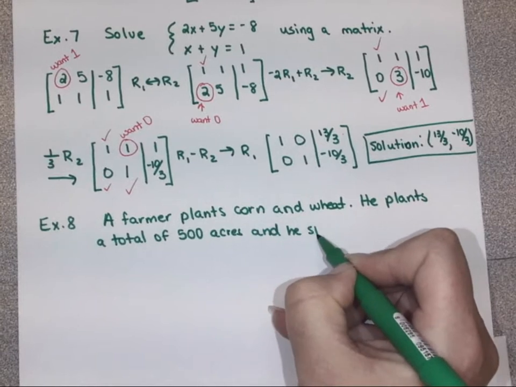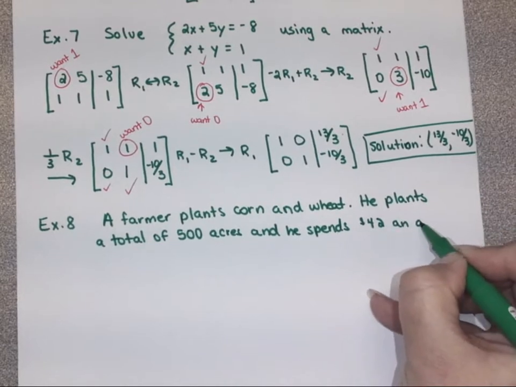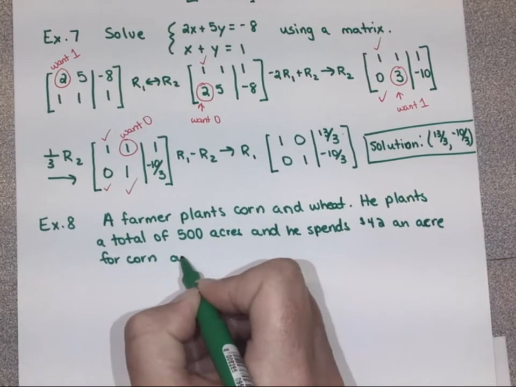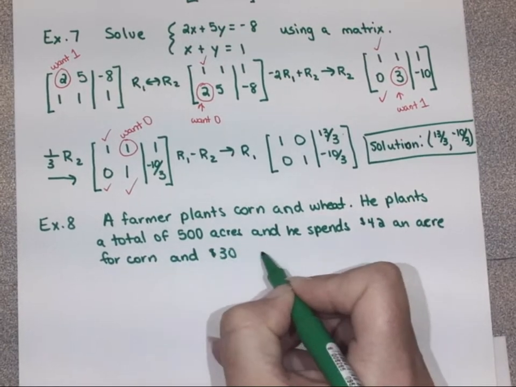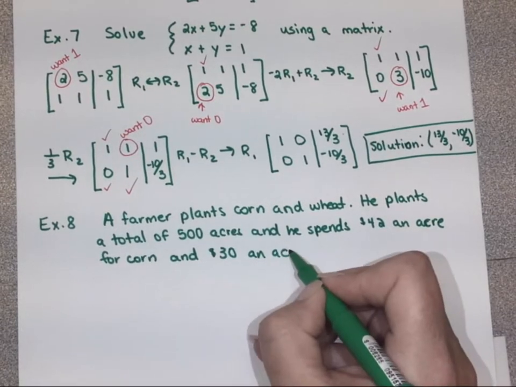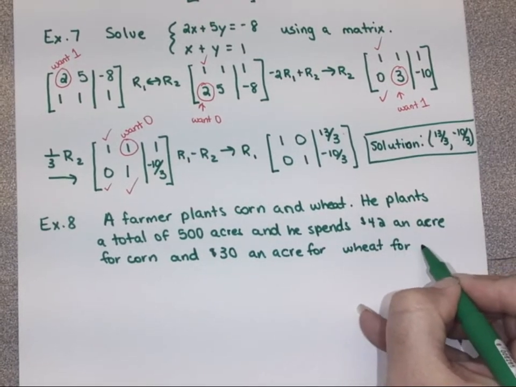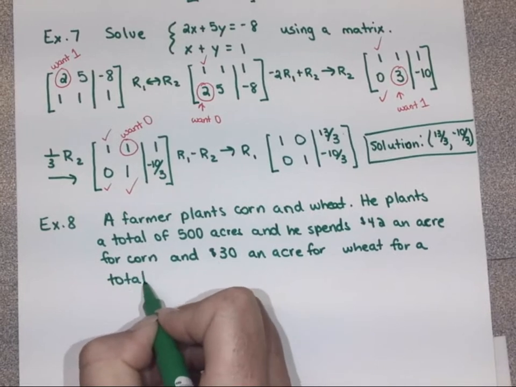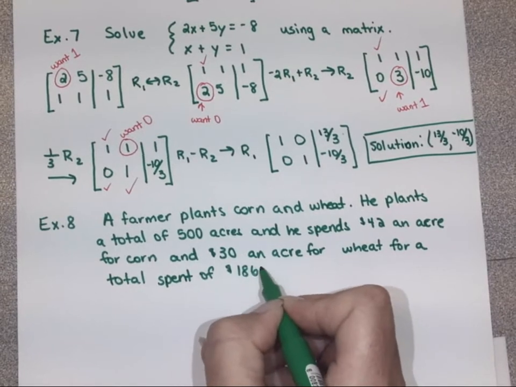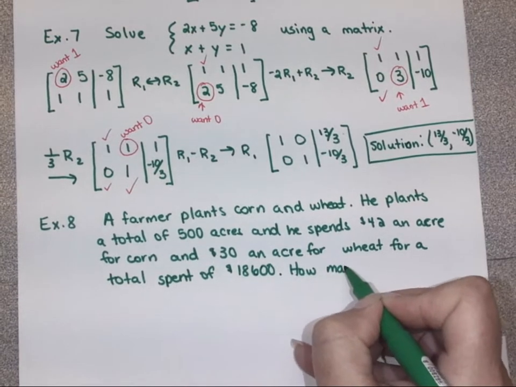And let's say it costs him $42 an acre for corn and $30 an acre for wheat. And then let's say that we know that he spent a total of $18,600. So my question is, how many acres of each must have been planted?